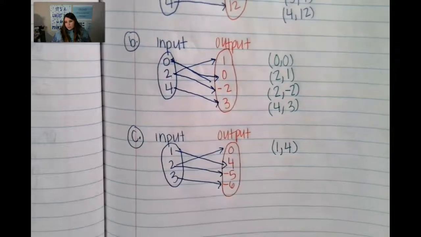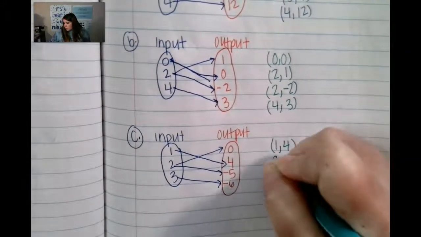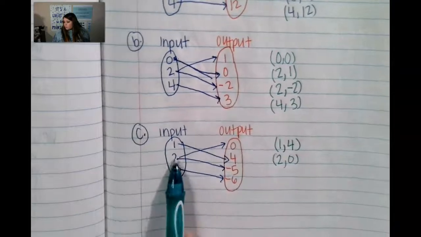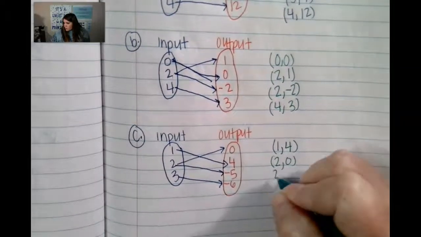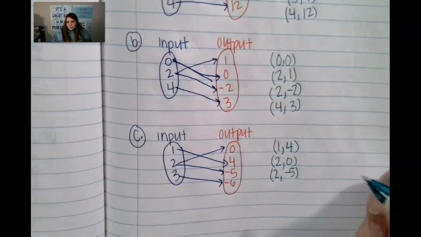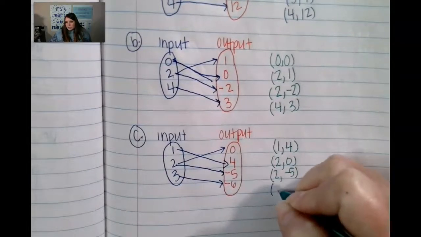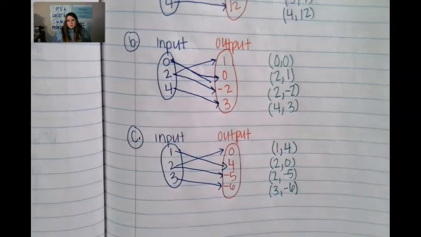My output or my y value is 0. So 2, 0. Then I have 2 again, because there's 2 arrows coming off of it. But this time I get -5 as my output. And then last but not least, 3 and -6.